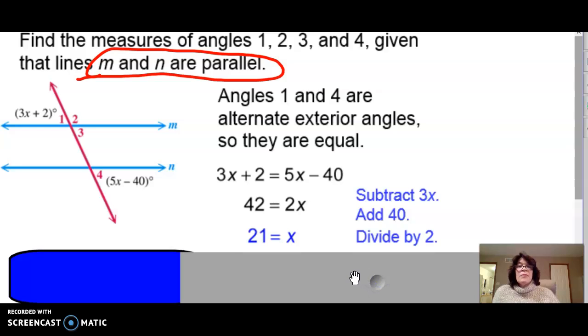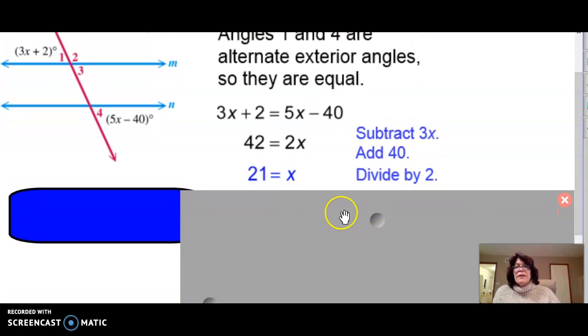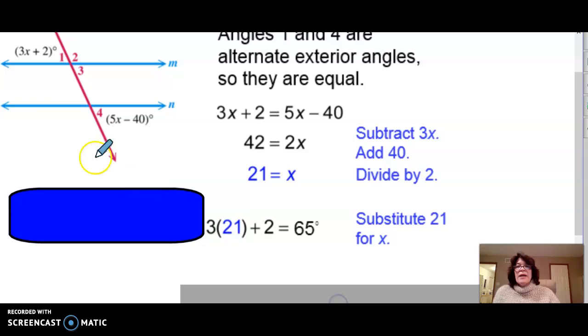Be careful, because sometimes people stop there. As soon as they see x equals, they're like, I'm done. Okay, x is 21. That's true. But let's continue. Angle 1 is 3 times 21 plus 2. We're putting x in there. So angle 1 is 65 degrees.